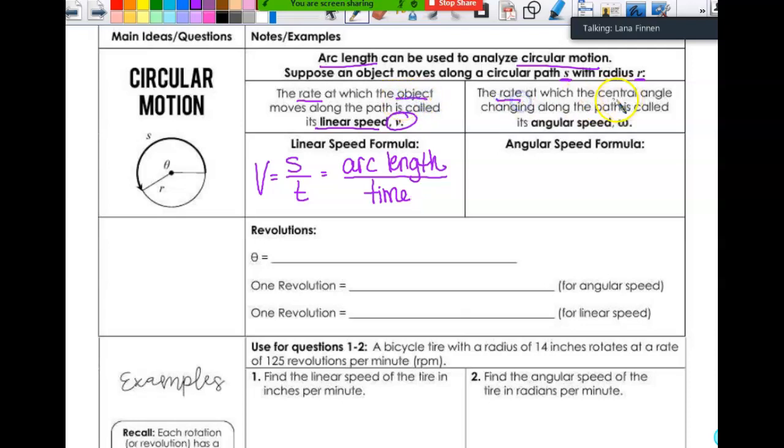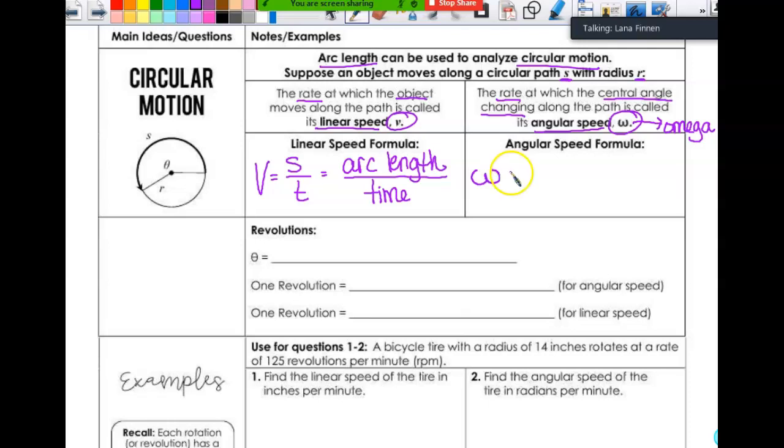This is the rate at which the central angle is changing along the path. That's your angular speed, or this curvy looking W. Anybody know what the curvy looking W is called? It's actually a Greek letter. This is the lowercase omega. When you write it, it's like a lowercase w, but you make it puffier and it curves in.